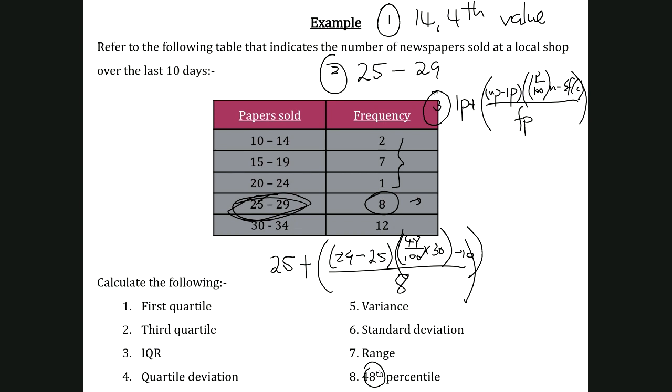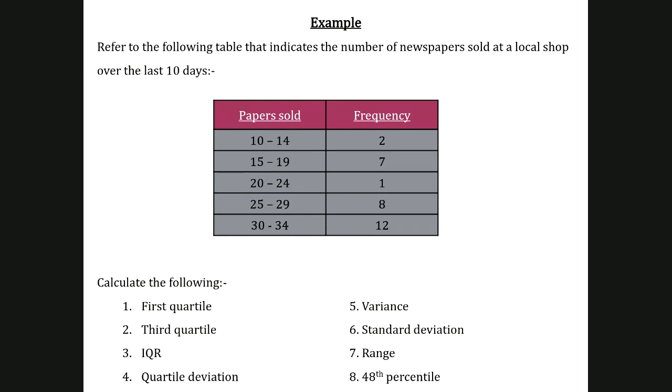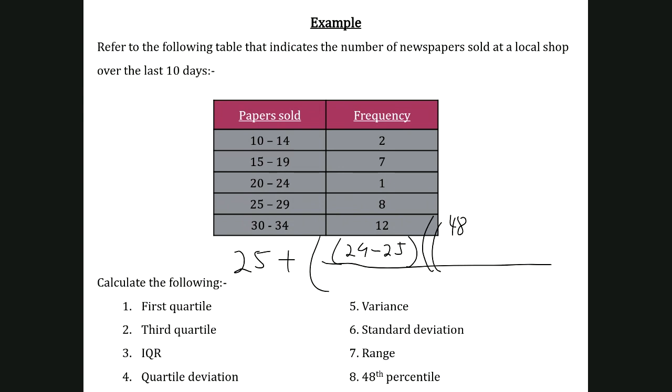Let me clear the screen and write it out neatly. 25 is your lower limit plus 29 minus 25. Then you have 48 over 100 times your sample size of 30, minus the sum of the frequencies in the groups before, which is 10.